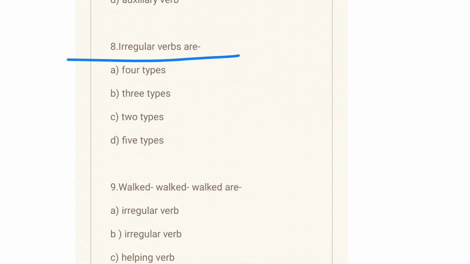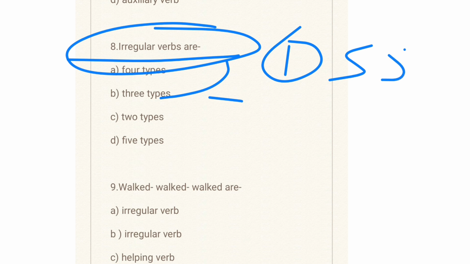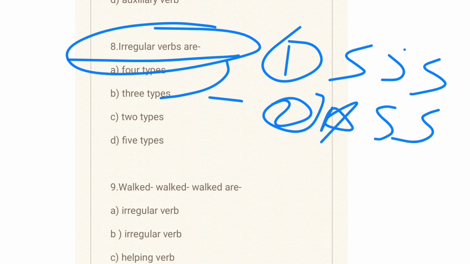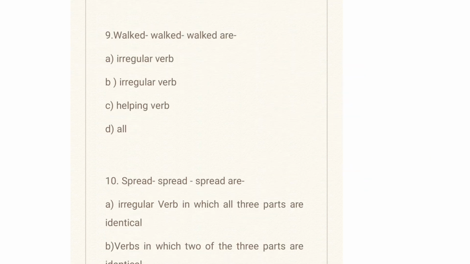How many types do irregular verbs have? A few minutes ago I told you the irregular verb types. They are three types: one where all three forms are the same, another where two are the same and one differs, and a third where all are different. Next: walked. Is it irregular, regular or helping verb? Actually, a mistake is present here.